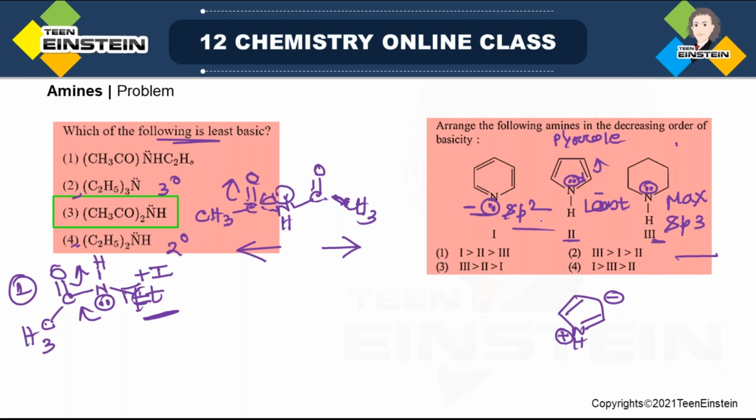So the orbital where the lone pair is residing will be attracted highly, so it is less available. But in the case of piperidine, the lone pair is more available because it is residing in sp3. So that is why maximum basic is 3, after that pyridine 1, and then pyrrole, which is 2. 3, 1, then 2.